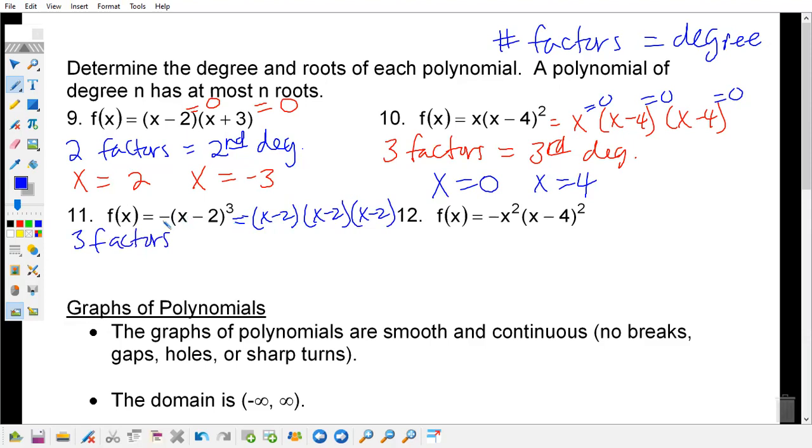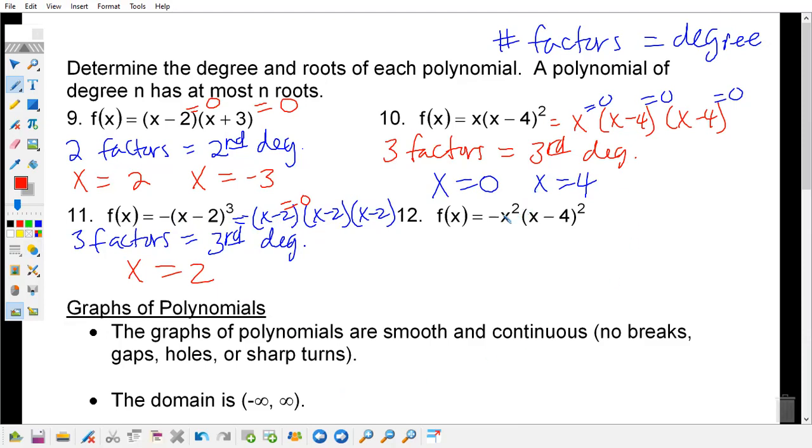Does that negative have a variable? No. So it's a numerical factor, not a variable factor. So I have 3 factors, which means that this is a 3rd degree. Even though it's a 3rd degree, are these going to be different? No, they're going to be the same because it's all x minus 2. So x equals 2. Good job.